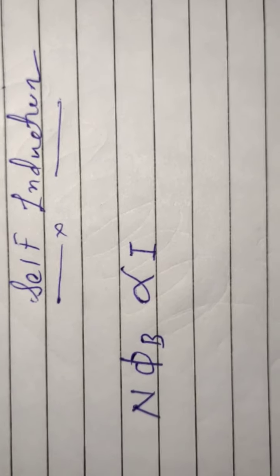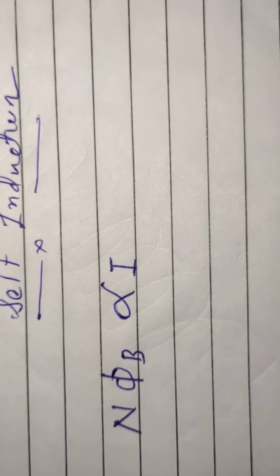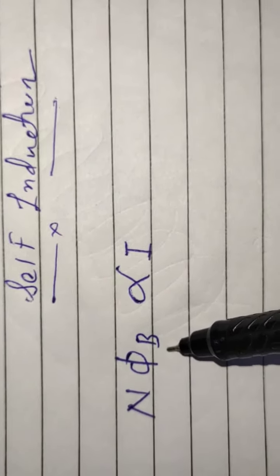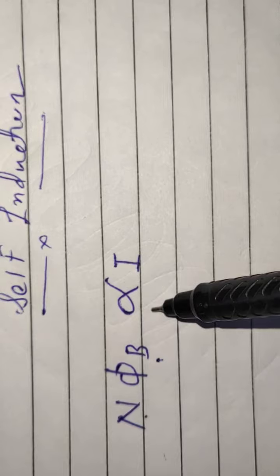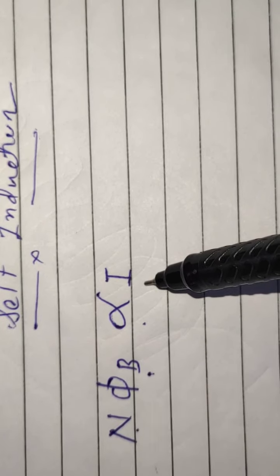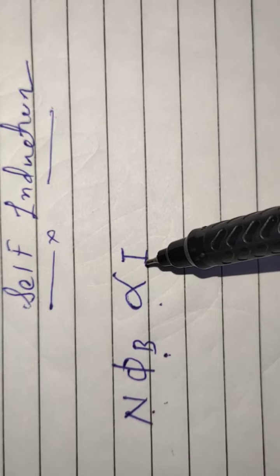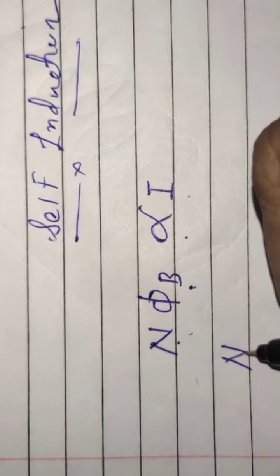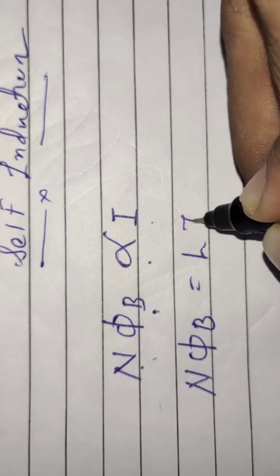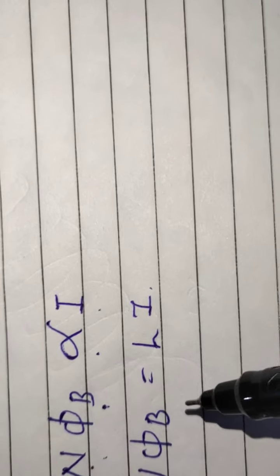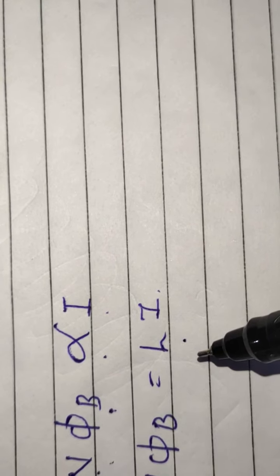In self-induction, flux linkage through a coil of N turns is proportional to the current through the coil and is expressed as N phi B proportional to I. Now guys, we will remove the proportionality and put constant L, where the constant of proportionality L is called self-induction of the coil.